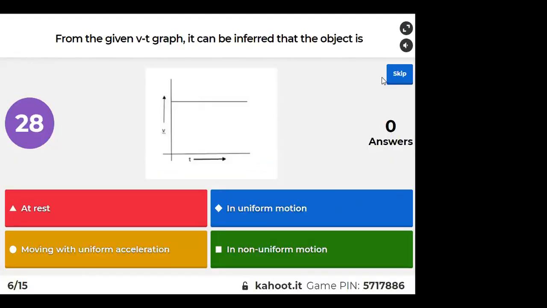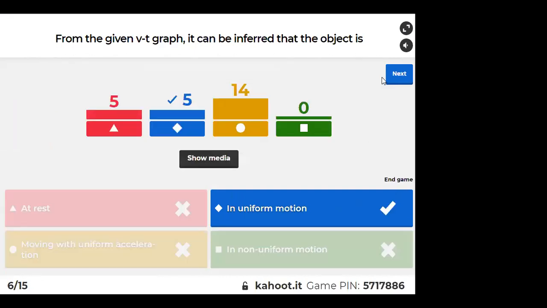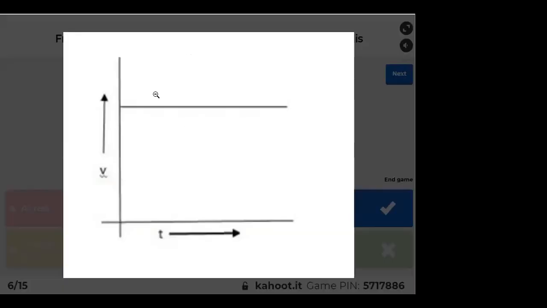Tell me, we explained this in class today. Guys, sir, it should be uniform acceleration.